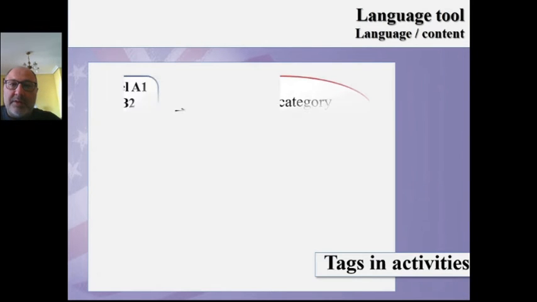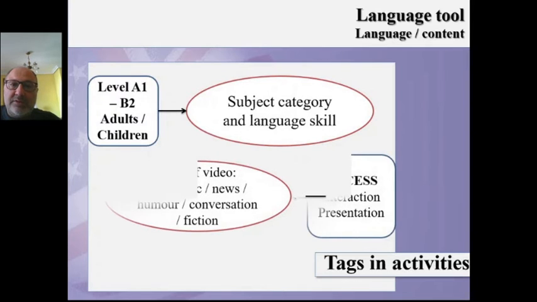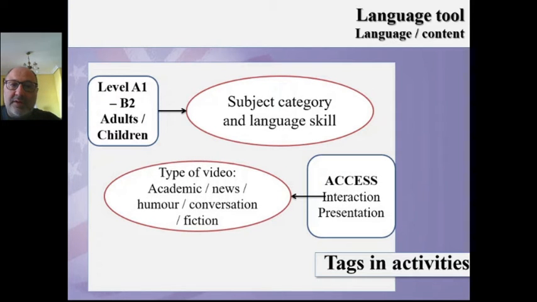Next, we can talk about the content in the tool. You see that there are different categories for language levels. You have from the most basic level, A1 to B2, and also different categories according to adults or children. You access the tool also, and you can access different types of material.